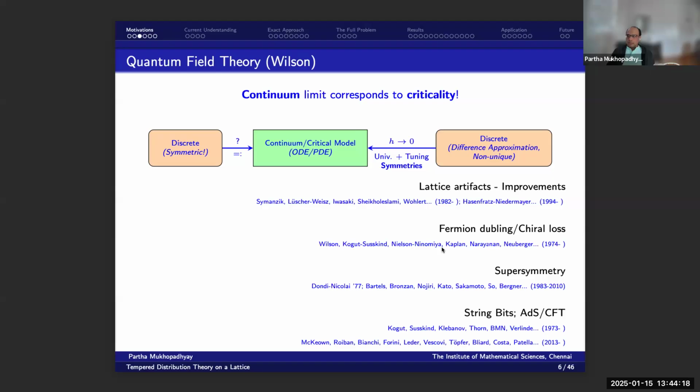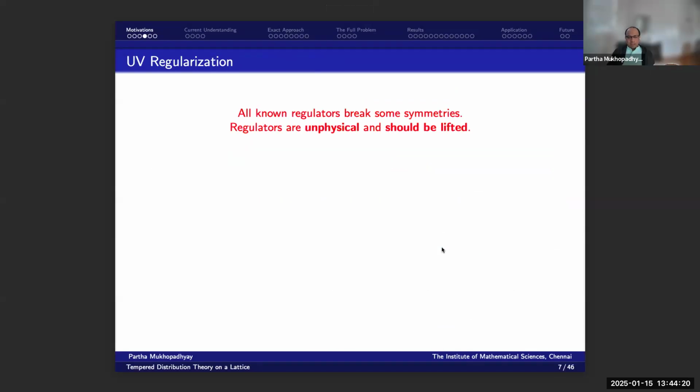Now, all quantum field theories are defined with a UV regulator, and no regulator preserves all symmetries, and therefore the regulator must be unphysical and must be lifted. That is the usual argument, and it's a fair argument.